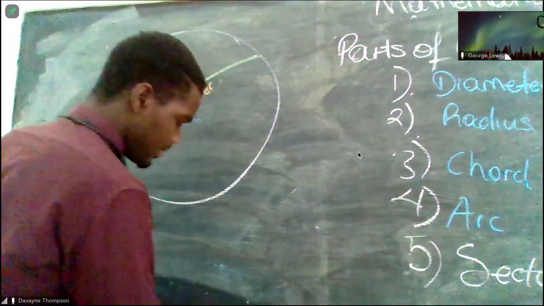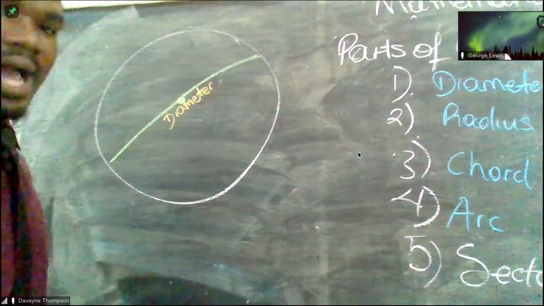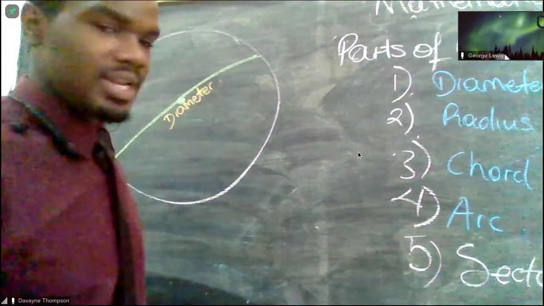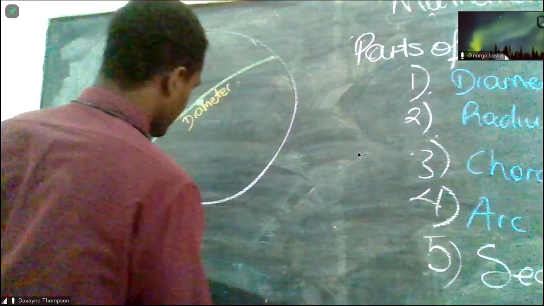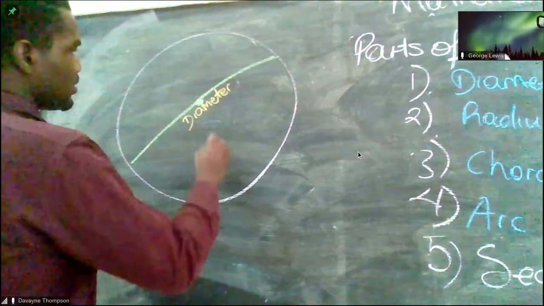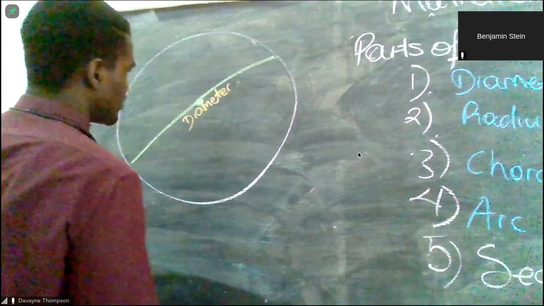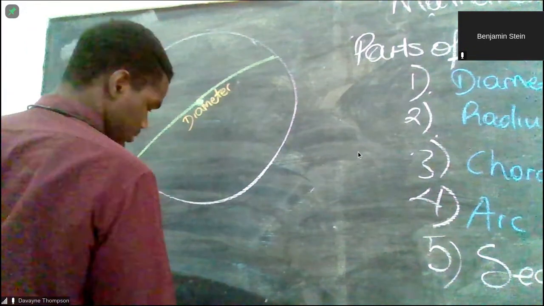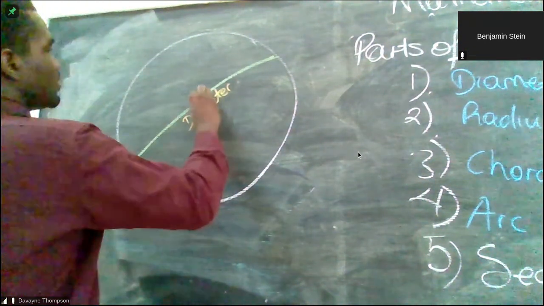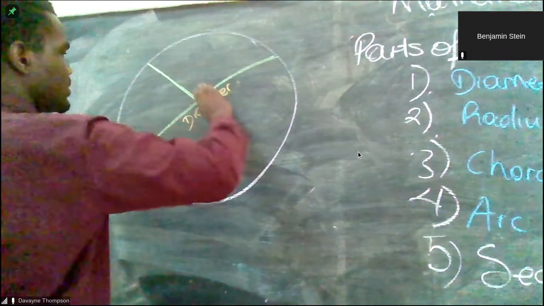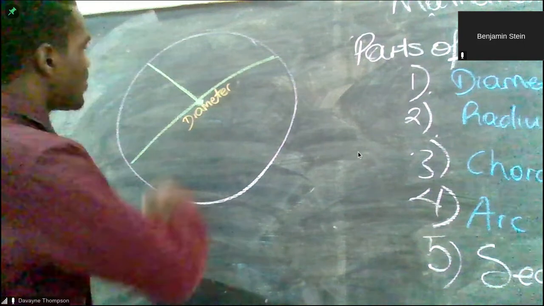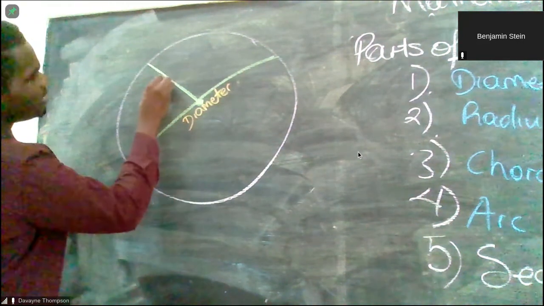Good. The next part that we're going to highlight is the radius. Benjamin, you gave me the radius. What's the radius? Yes, it is half of a diameter. The radius is from the center point to the edge of the circle. We're going to put radius right here.